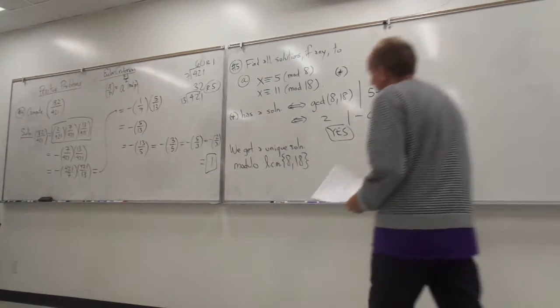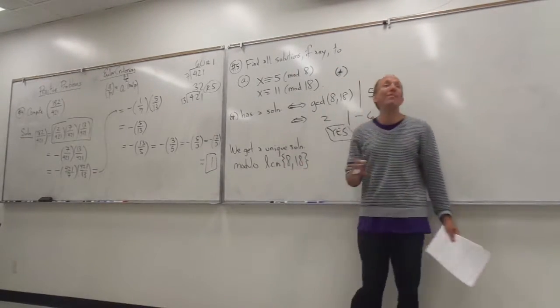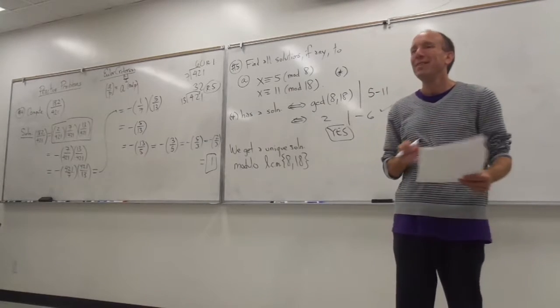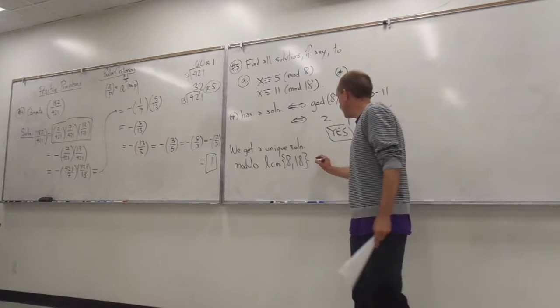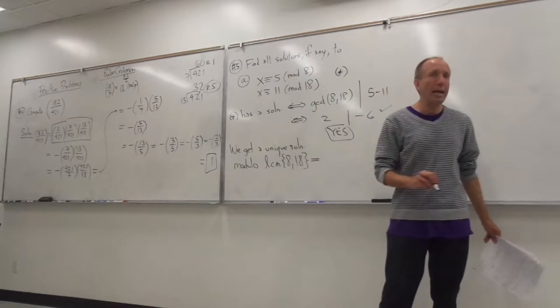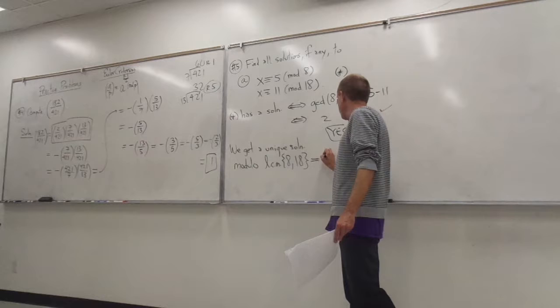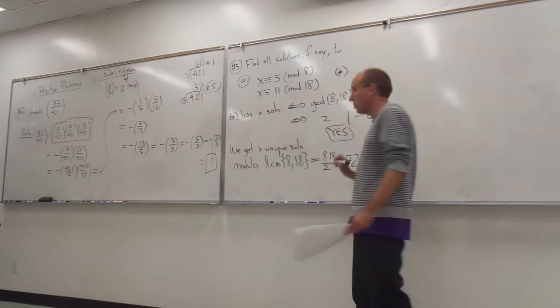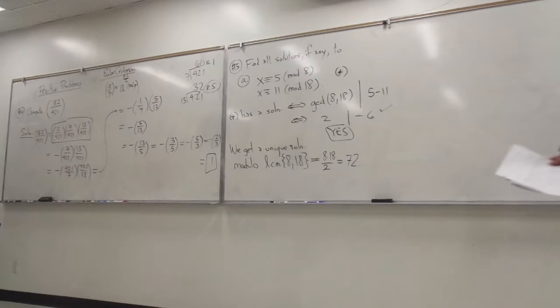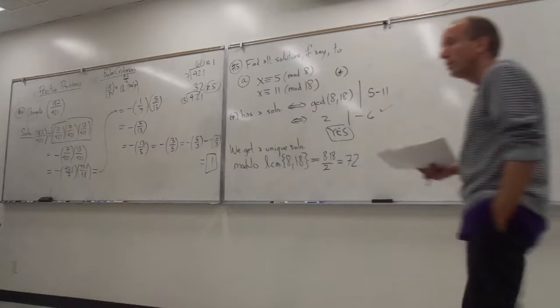So if you take the product of these two numbers and divide by the GCD, which is 2, you'll get the LCM. So the LCM of 8 with 18 is 8 times 18 over 2, which is 72. So we're going to be getting solutions in mod 72.